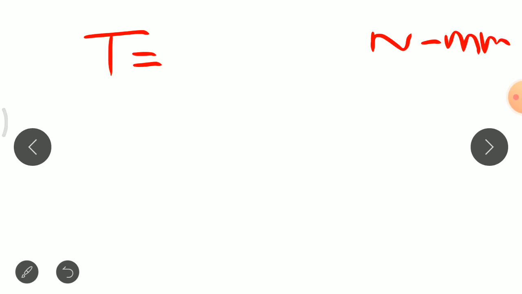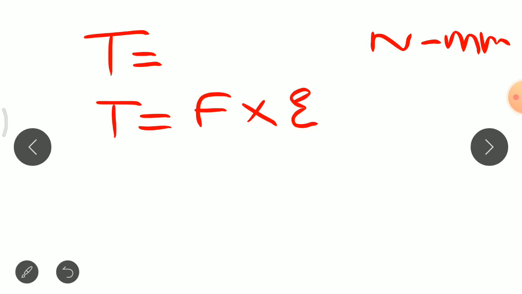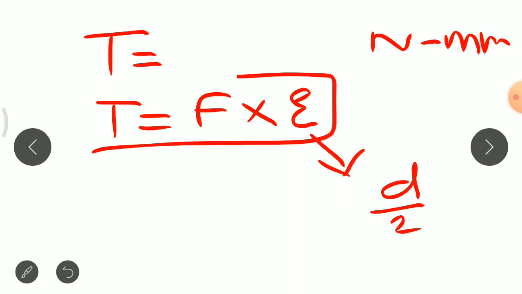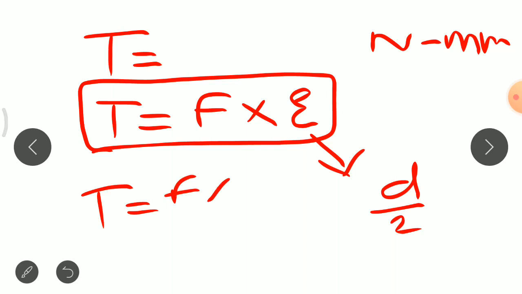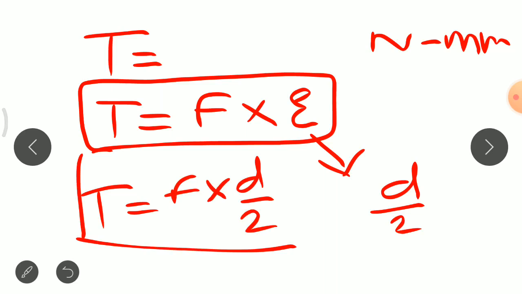That means torque is equal to force into perpendicular distance, and the perpendicular distance for the shaft is nothing but the radius, or we can write the radius as d by 2 also. So the formula of torque becomes T is equal to F into R, or T is equal to F into d by 2. Both are correct formulas for torque.